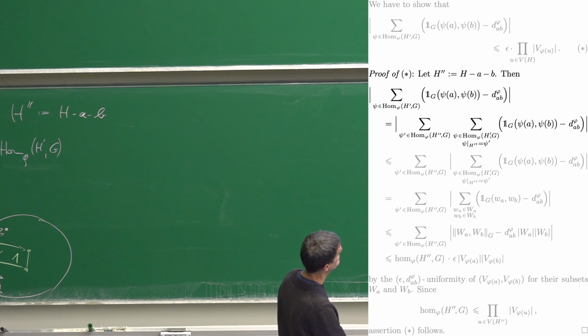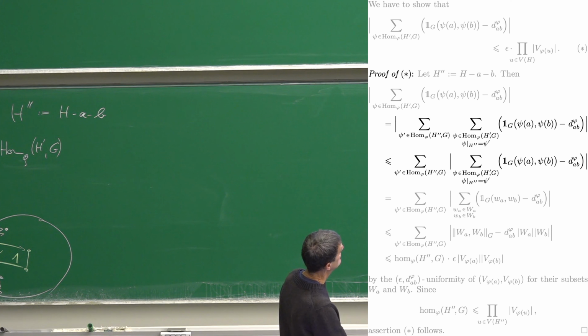Right, that's what this line does. And here we have just an application of the triangle inequality, so that we can move these absolute value brackets inside this sum. But what remains is the same.